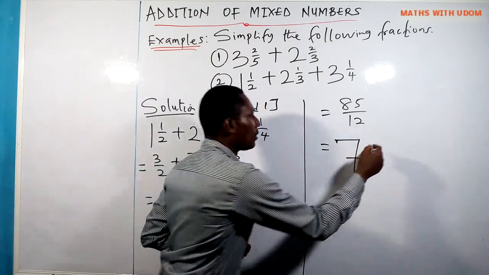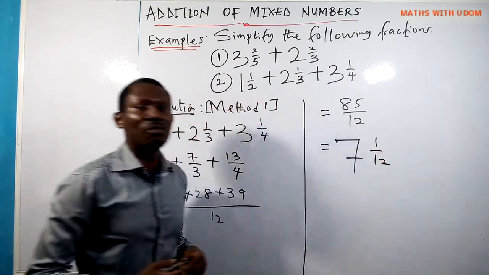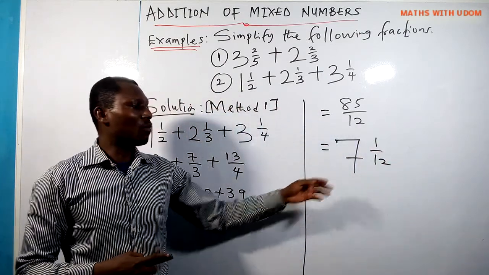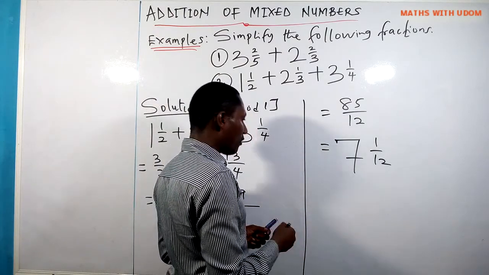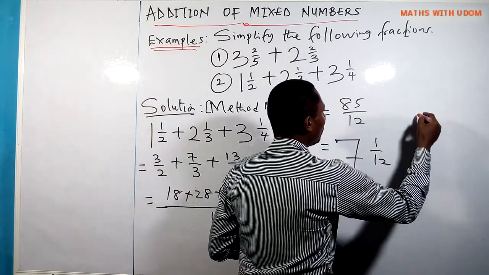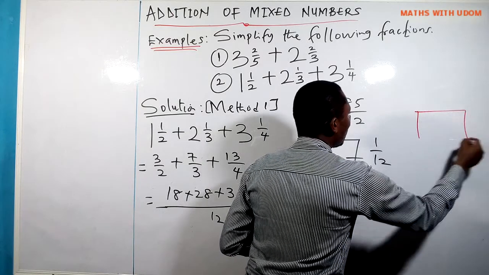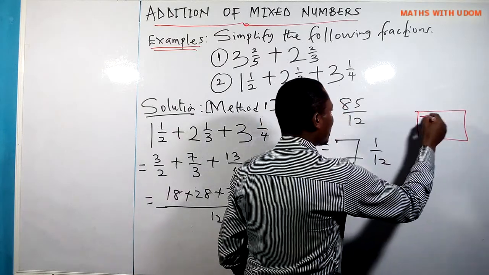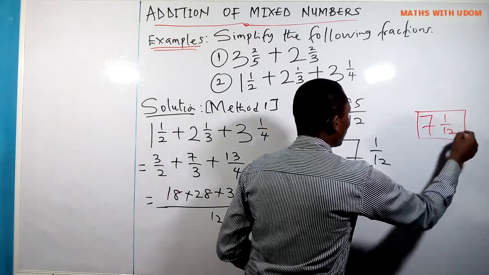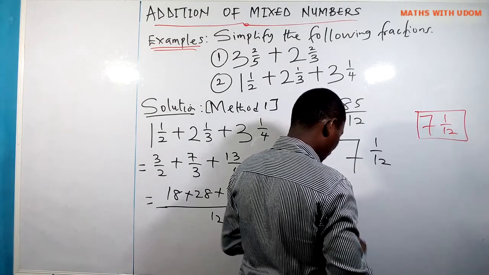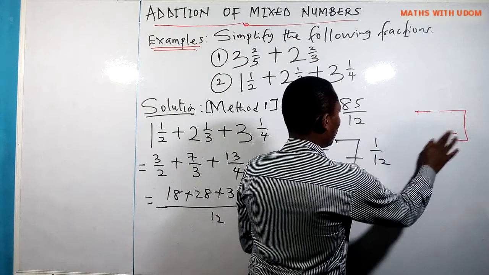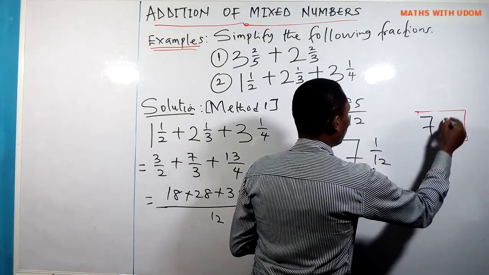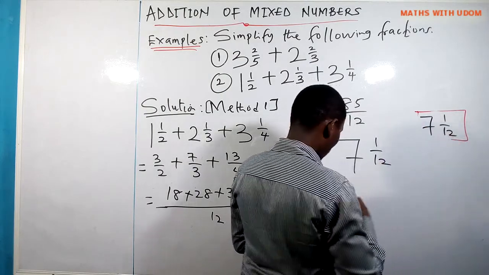Okay, so we have 7 whole number, 1 over 12. So let's put our answer in a corner that we'll refer to later. Okay, let's put it here. Our answer here, that is 7 whole number, 1 over 12.